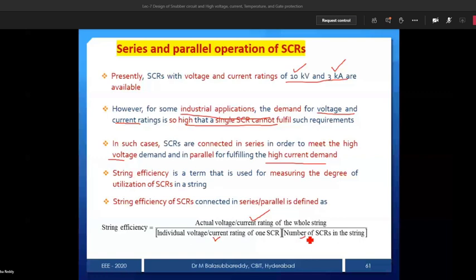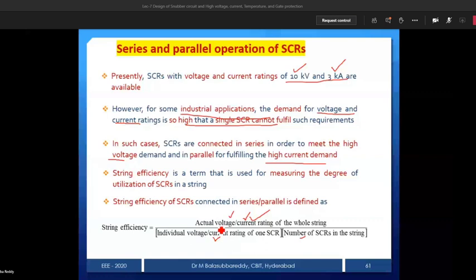The formula is the same. That's the reason I mentioned the slash, meaning voltage or current rating. You cannot use the current rating when SCRs are used in series. You have to use the current rating only when SCRs are used in parallel. So that's why I use the same formula with a slash.